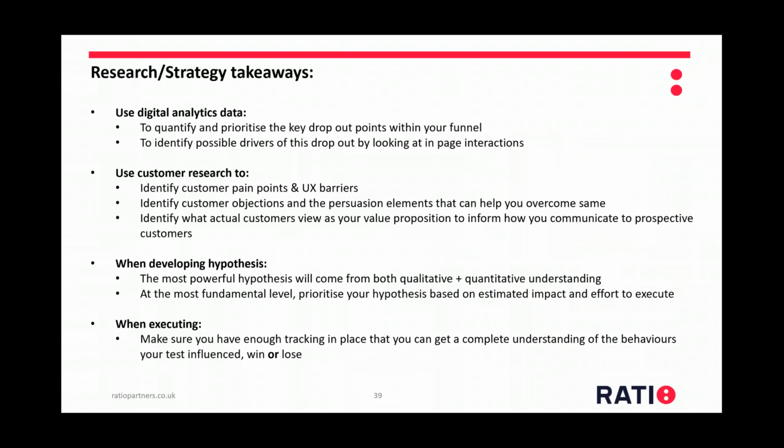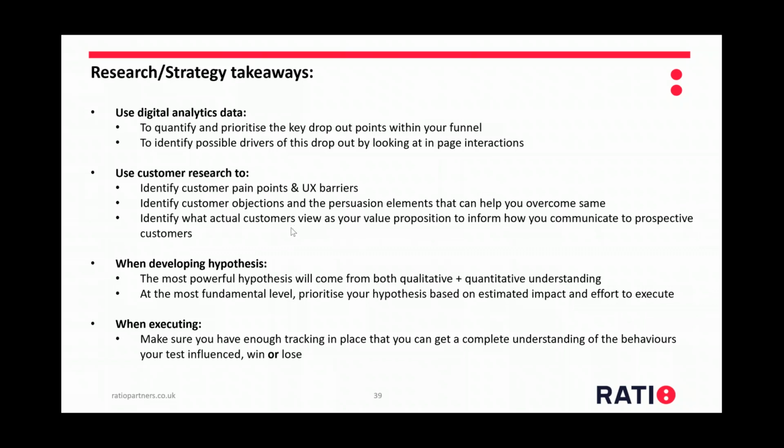So, a few quick takeaways, because I have gone a bit over time. Thanks for listening. You should be using digital analytics data to understand where the biggest problems are, and you can also use it a little to understand the drivers of dropout by looking at interactions happening within the page. But in terms of identifying objections, pain points and problems, you can't go past qualitative data.